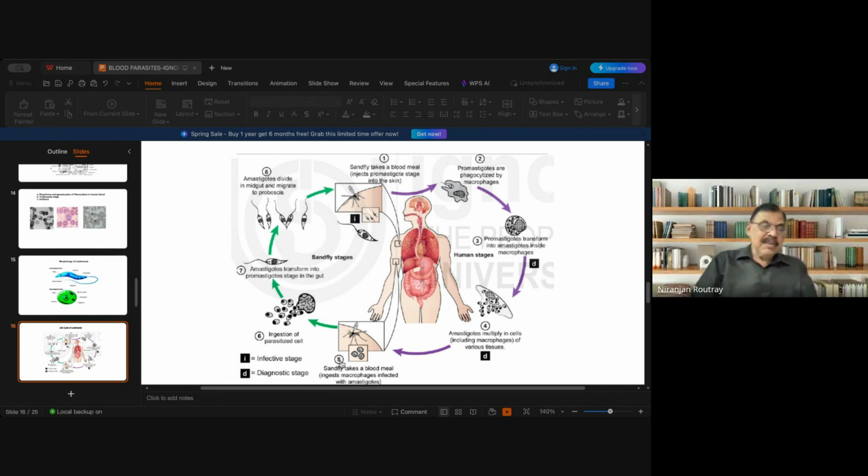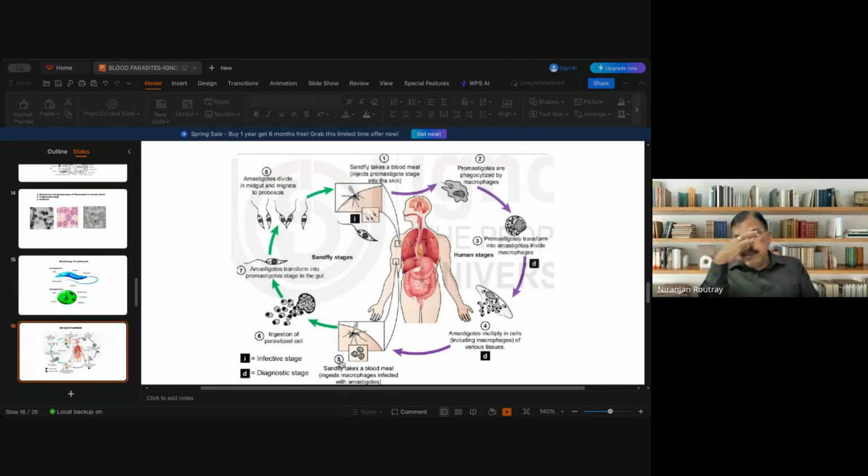So this blood meal is covered by a peritrophic matrix surrounding the ingested blood meal, and it involves the formation of a certain type of protein. So if we block the formation of such protein, no peritrophic matrix will be formed, and these parasites will not continue their life cycle.